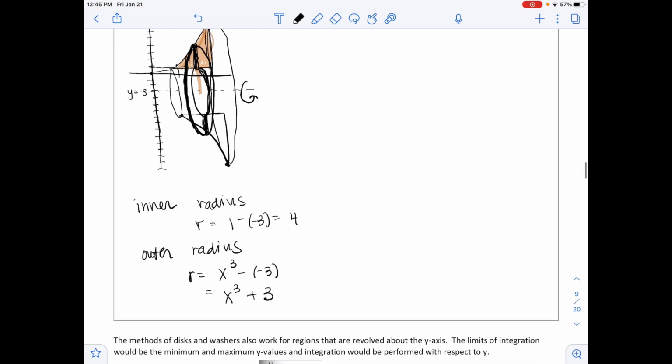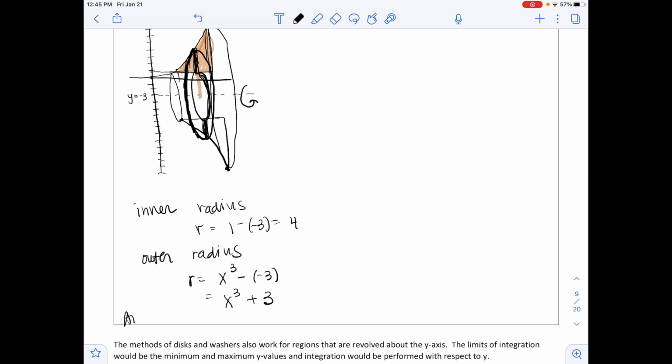So now when talking about our area, we're going to have pi times the outer radius squared, which is going to be x cubed plus 3 squared, minus pi times our inner radius squared, which is just 4. And again, we can factor out that pi and simplify it from here.